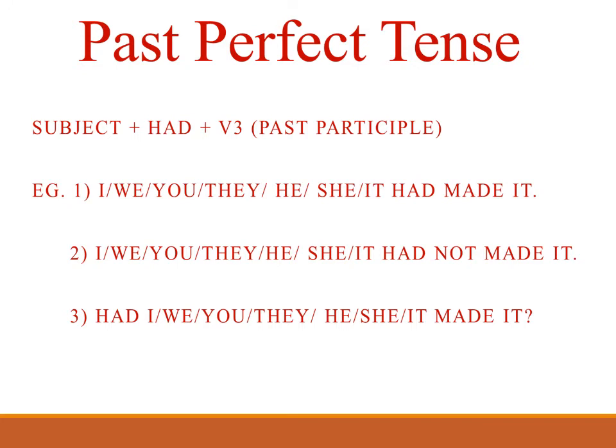In past perfect tense it is had plus the past participle. Please remember this, children. Example I have given you again. I had made it. In negation form, I had not made it. In question form, had I made it? So this is your past perfect tense.